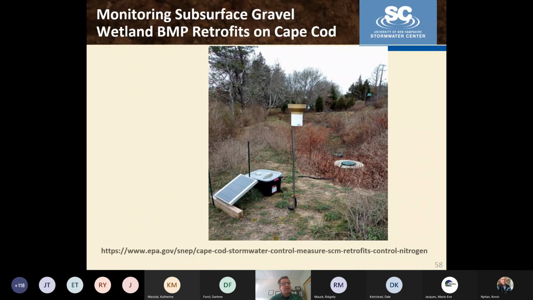We have monitored one of these. We've installed one of these on the Cape. And again, the Cape is that old glacial outwash or moraine. It's full of good conductive sands, and they have nitrogen issues.